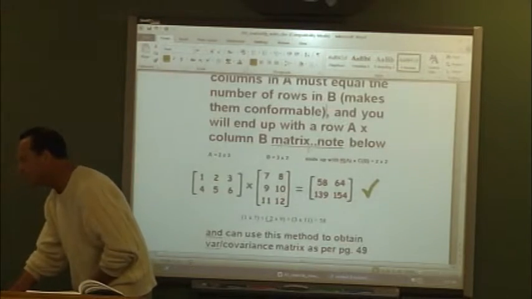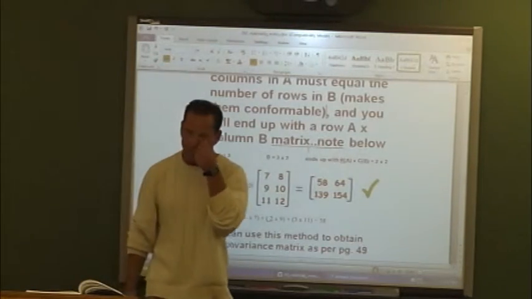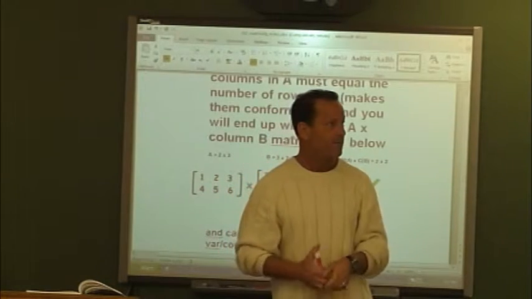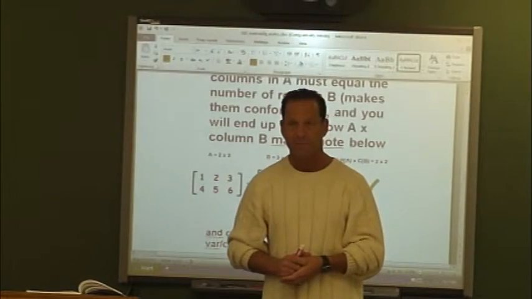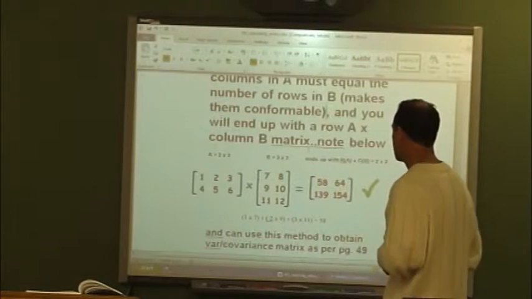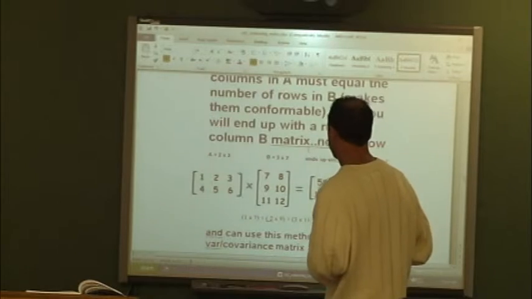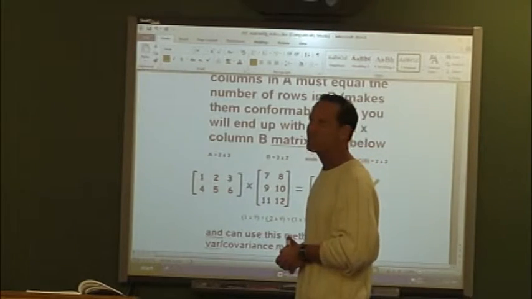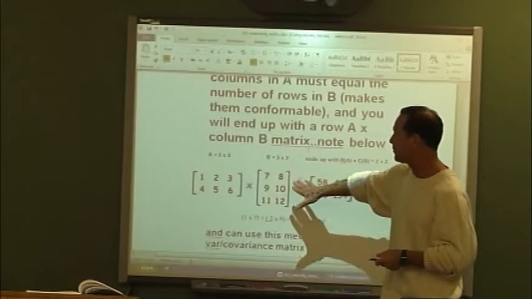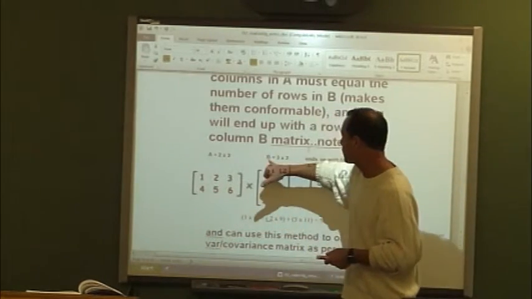And you'll end up with a row A by column B matrix. Which means we're going to end up with what? 3 by 3. So here, let's say we have a 2 by 3 and a 3 by 2. Do you see the number of columns equals the number of rows?